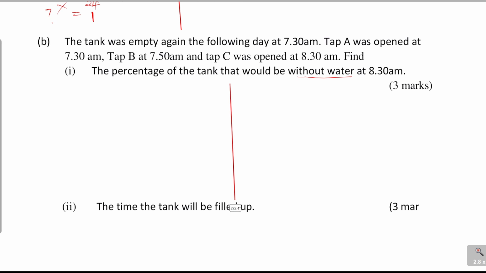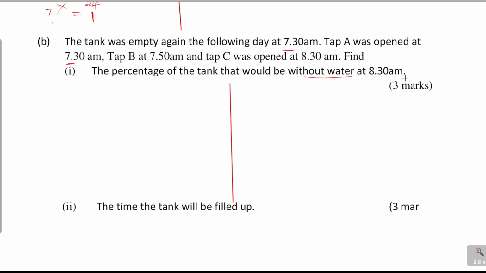Now we'll take each tap at a time. The tank was empty again at 7:30, then tap A was opened at 7:30, and we are supposed to find the percentage. So we need to take tap A and get the percentage that A will fill alone by 8:30.